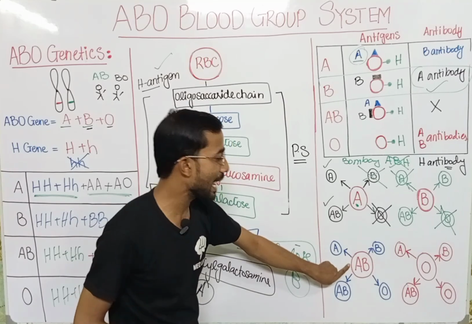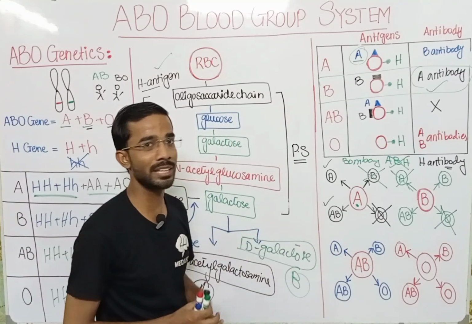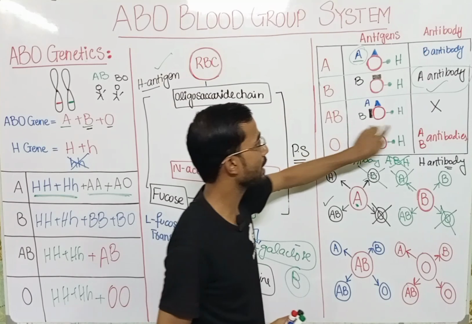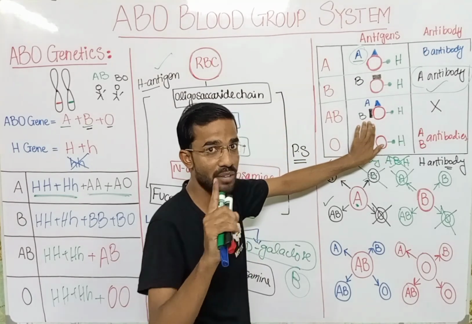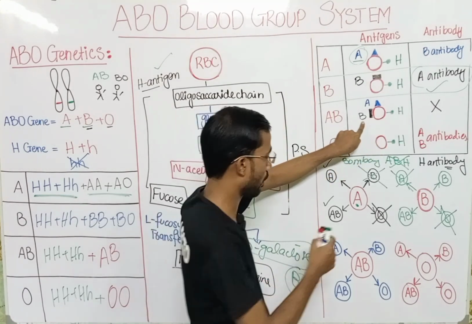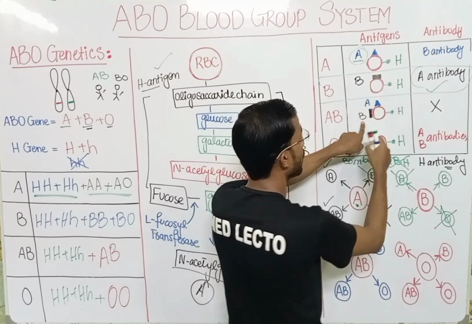Next is AB. Can the AB blood group give blood to A? AB has these RBCs, and we will just give RBCs. Here is the A blood group patient having both antigen and antibody.